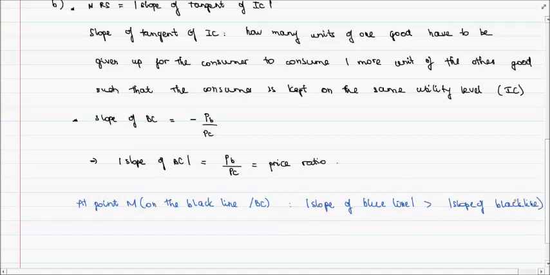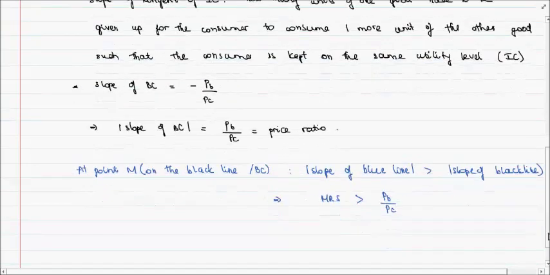Now the slope of the black line is the slope of the budget constraint, which is the price ratio, and the slope of the blue line is the slope of the tangent of the indifference curve at point M, which is the marginal rate of substitution. So it's bigger than the price ratio, which is what we want.